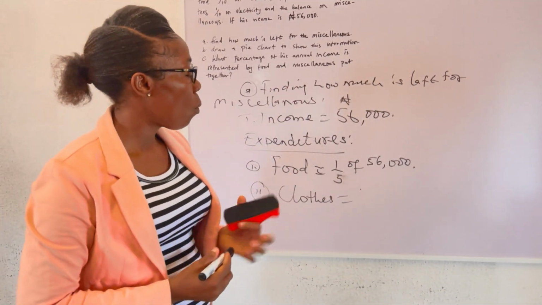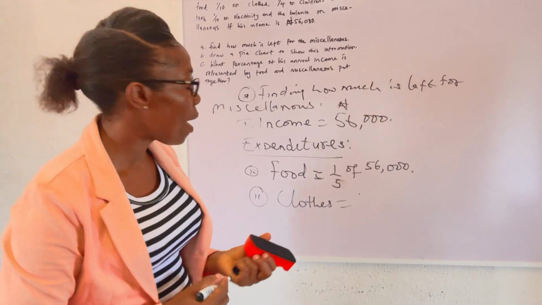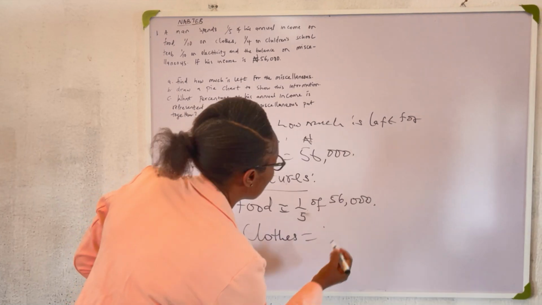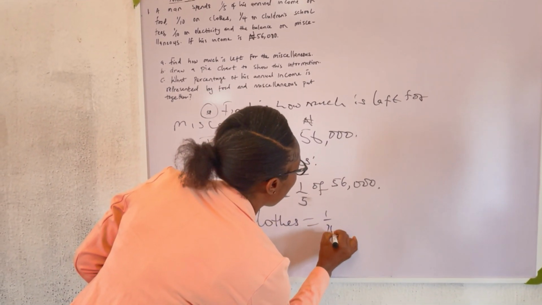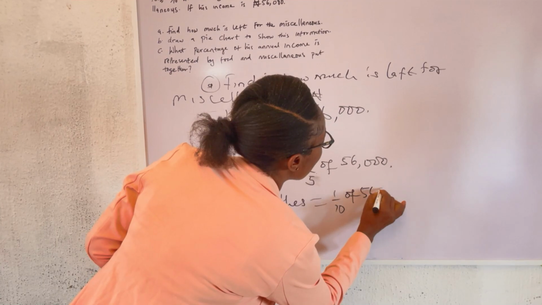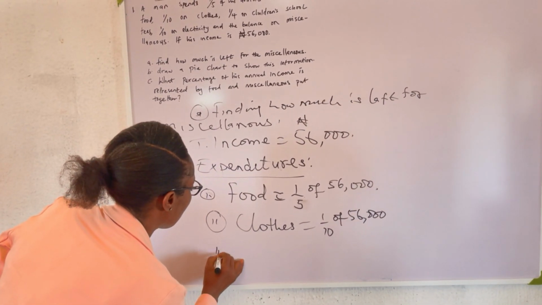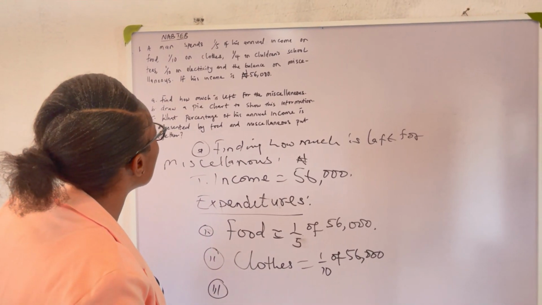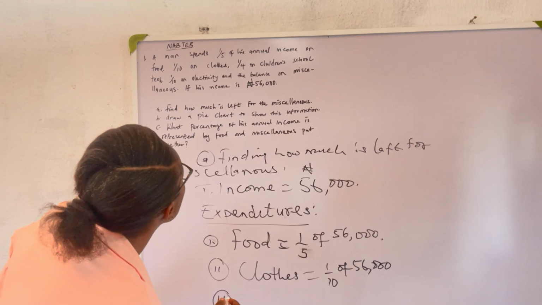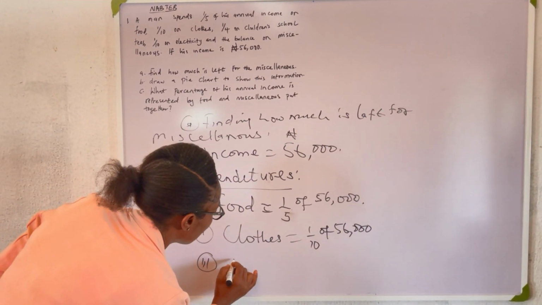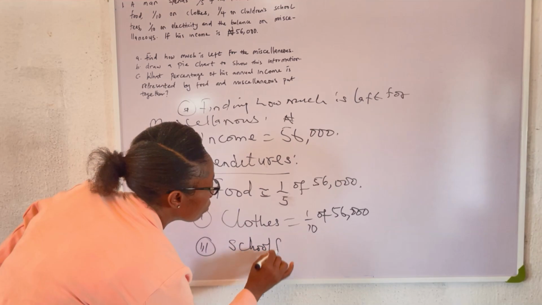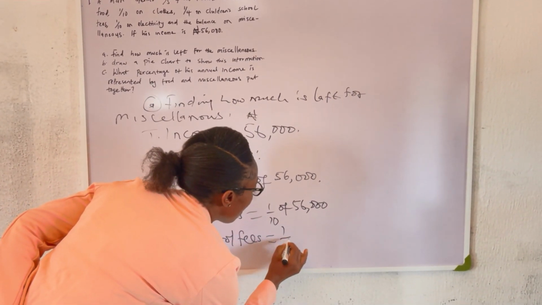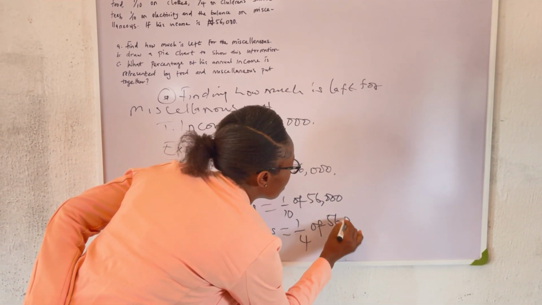Food is 1/5 of 56,000. Then expenditure on clothes is 1/10 of 56,000 naira. Expenditure on children's school fees is 1/4 of income, 1/4 of 56,000 naira.